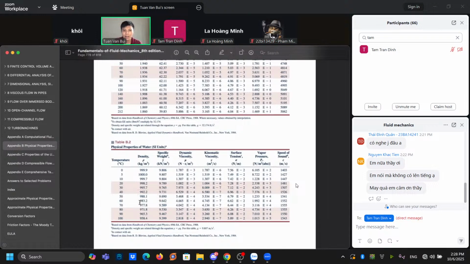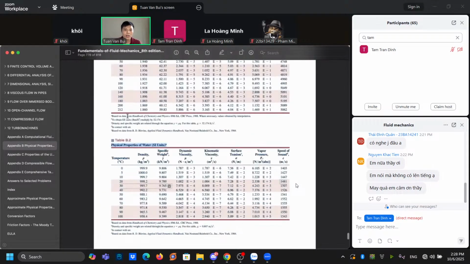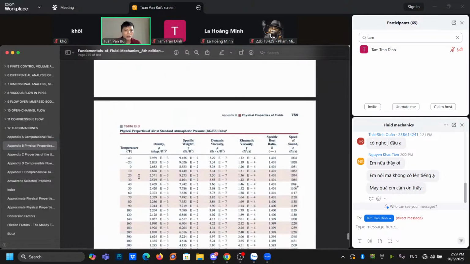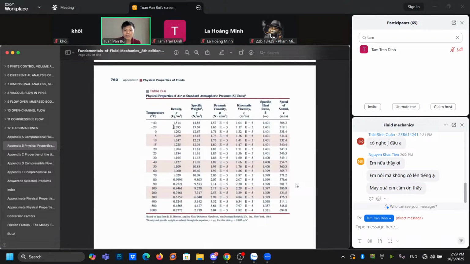You can see the density, the specific weight, dynamic viscosity, etc. Please note: don't use Google, but use the physical properties of fluid from the appendix of the textbook, like Table B.1 or B.2. So don't use Google, but use the appendix of the textbook. I want to emphasize that. For this course we will agree on the same data, the same reference.